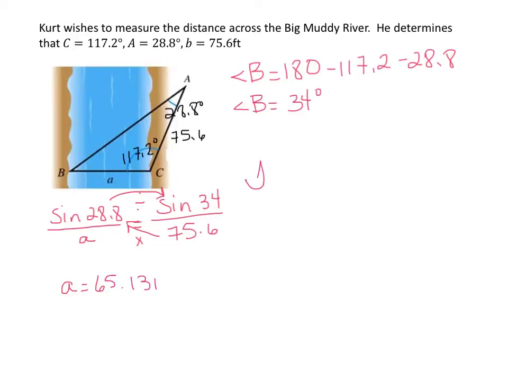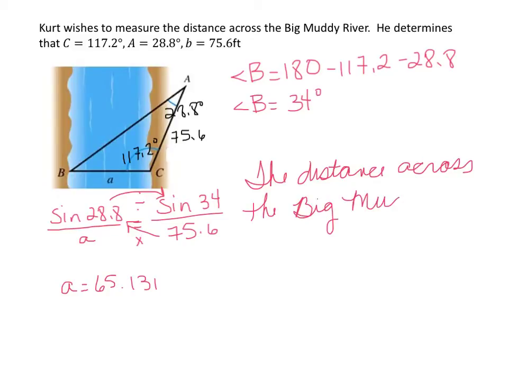The distance across the Big Muddy River is 65.131 feet.